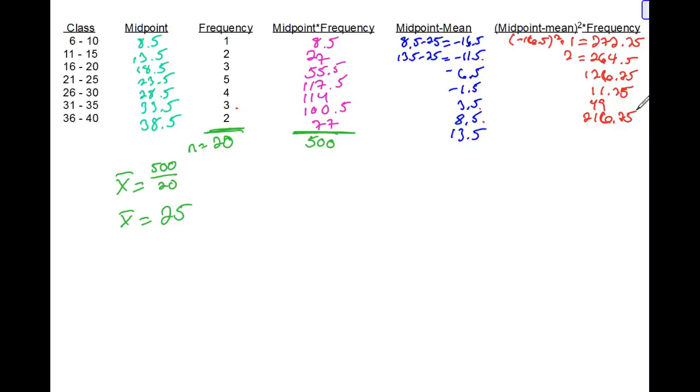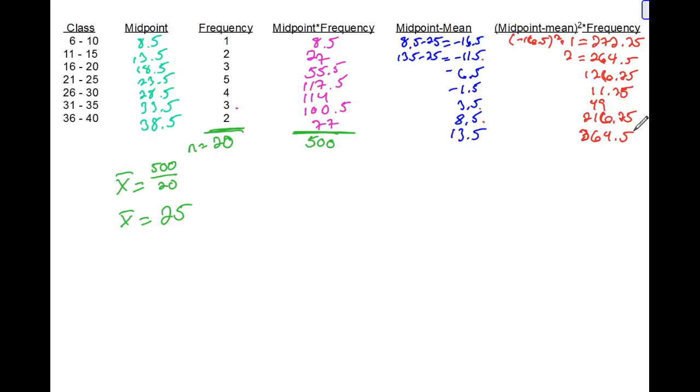And 13.5 squared times 2 will give me 364.5. So now I have all my columns filled in.